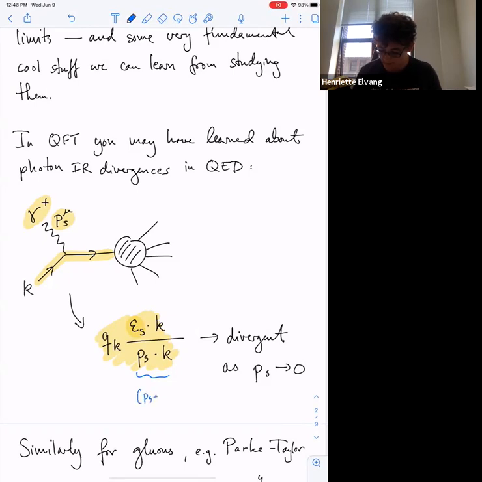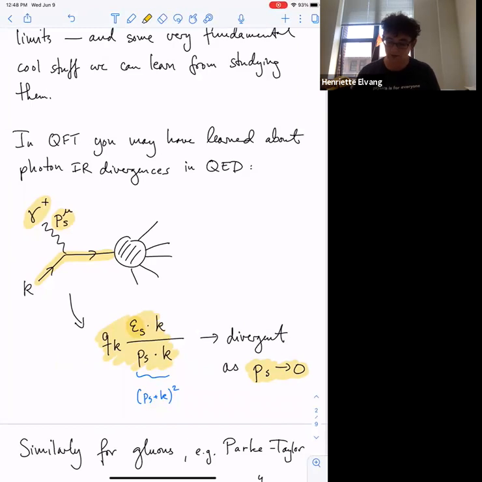That is (p_s + k)^2, in the limit where, of course, the external states are on shell, so p_s^2 and k^2 are both 0. Now you see that as you take p_s to 0, the momentum of the photon, this factor in front of the diagram will be dominating what you get from this diagram, and that gives you the divergence.